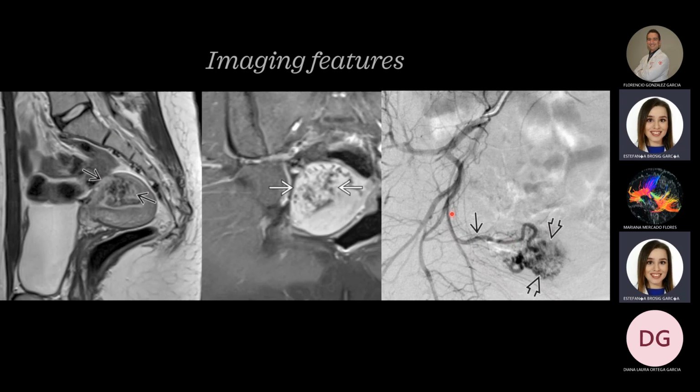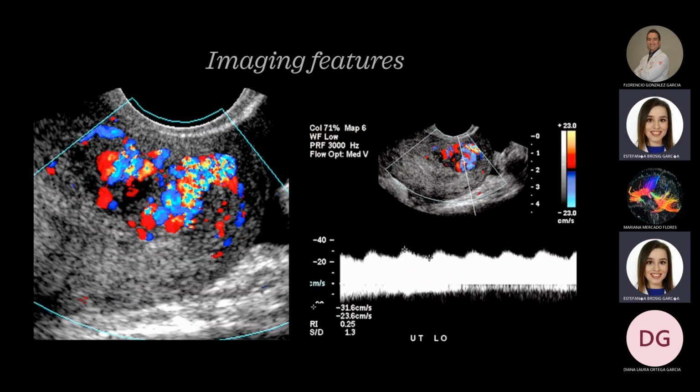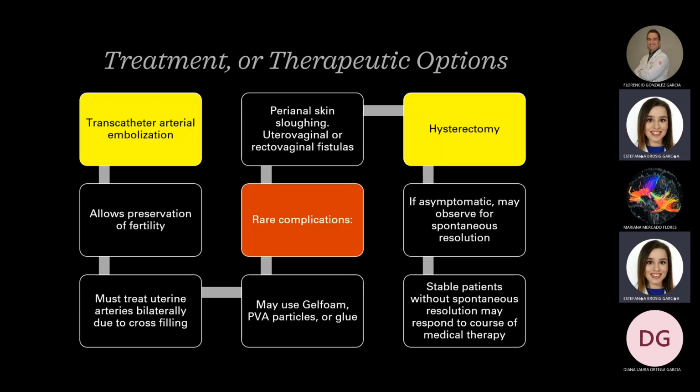We can see here. And then an opacification of a tangle of vessels consistent with arteriovenous malformation. Another ultrasound image, we can see the same features. And then we'll have the treatment or therapeutic options.